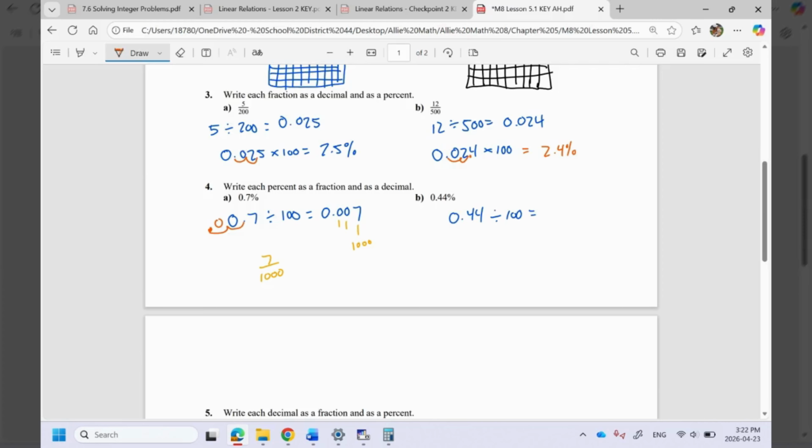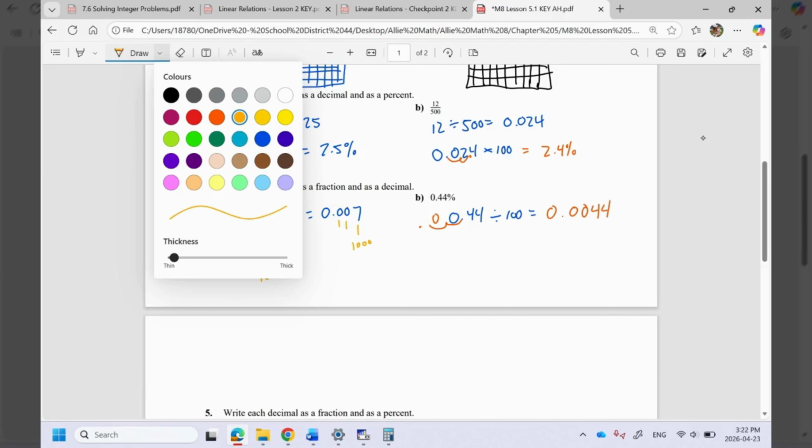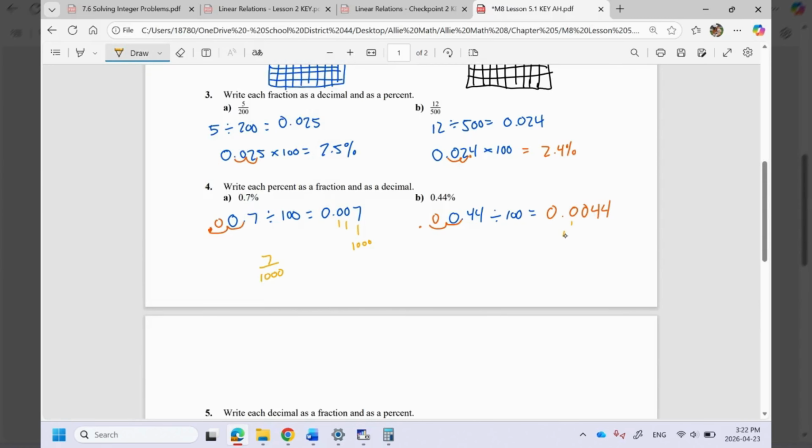So I think it's safe to assume our decimal will move over to the left twice again, and we'll have 0.0044. And now what do we got? We got a 0 in the tenths, a 0 in the hundredths, a 4 in the thousandths, and a 4 in the ten-thousandths. So we're going to have 44 over 10,000.